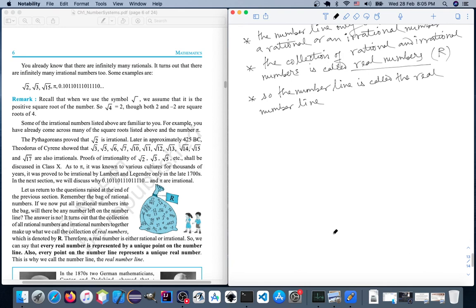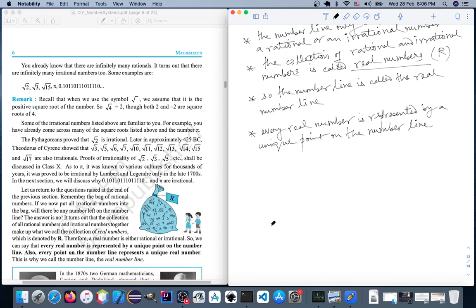So the next two very important points, which are written in bold in the textbook, you can see that every real number is represented by a unique point on the number line.